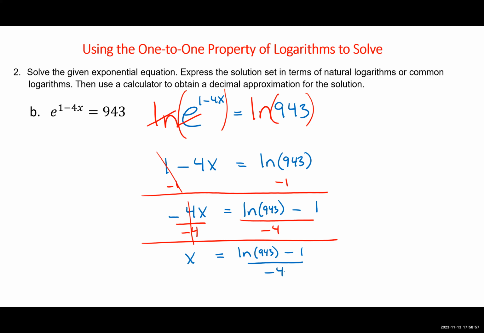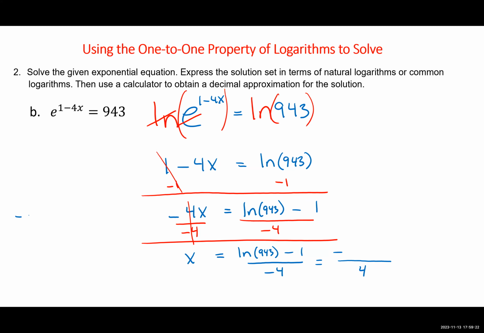Well, technically, to consider our answer in simplified form, we can't leave a negative sign on the bottom of a fraction. So if we take that negative sign from the bottom and move it up top, it's still a negative sign, whether it's on top or bottom.